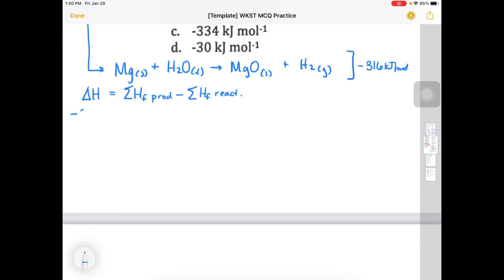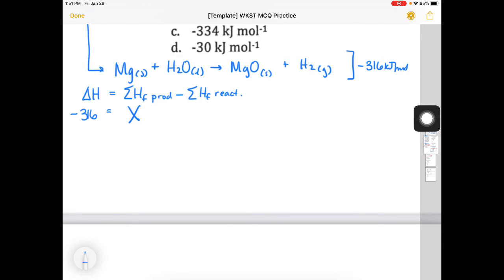So that's negative 316. Now the products are magnesium oxide and hydrogen. We're trying to find the heat of formation of magnesium oxide, and we know because hydrogen is an element, its heat of formation is 0. So the heat of formation of my products is just composed of the magnesium oxide. And since its stoichiometric coefficient is just 1, it's just X here.